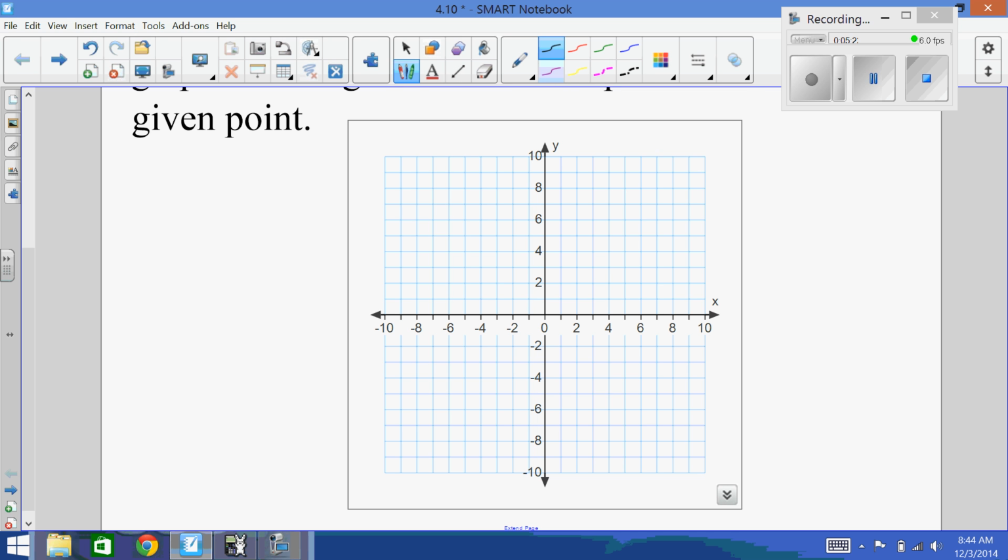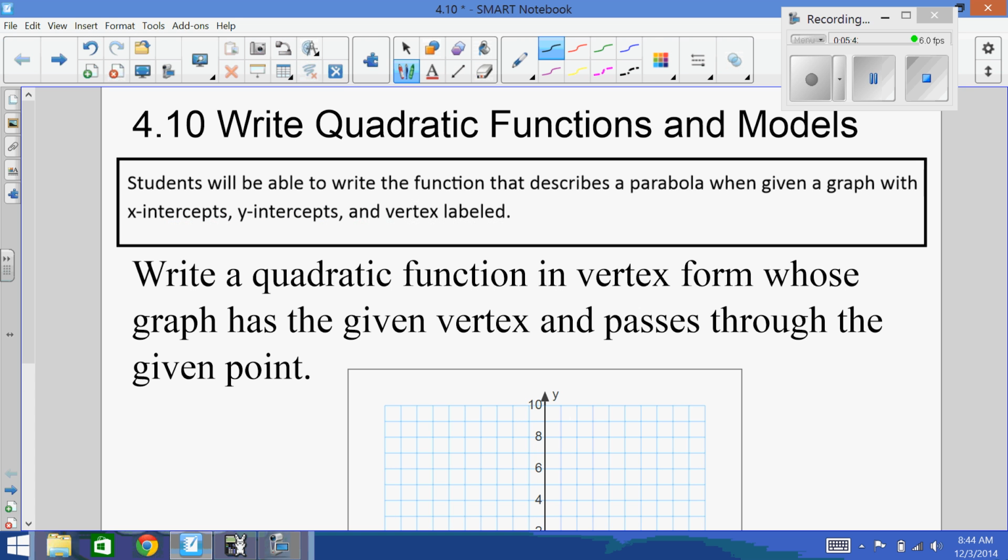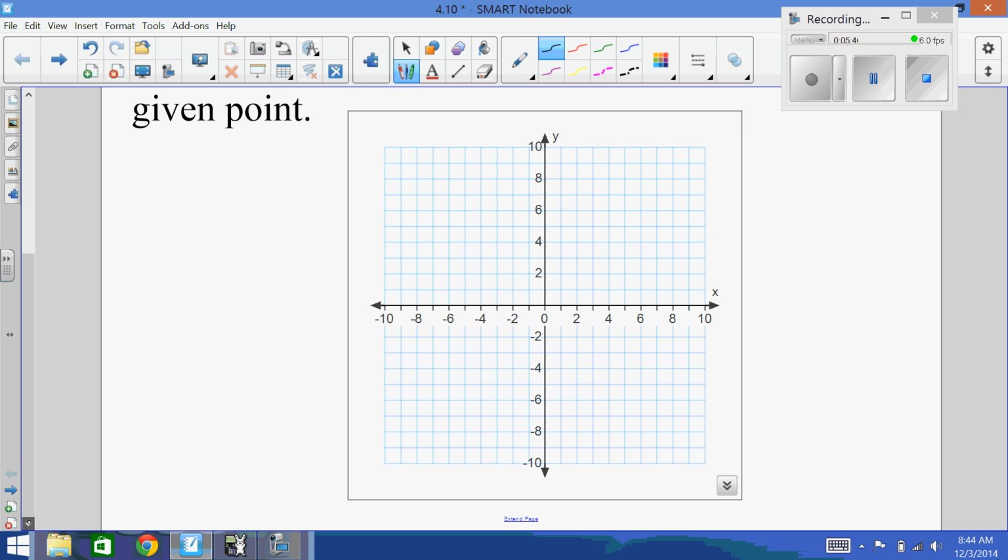All right, this one we are going to pick, let's do number 13 here. We're going to do the vertex is (-1, -4). And the point that we're using is (2, -1). All right. So let's come back to the screen. And this time I am not going to graph it.